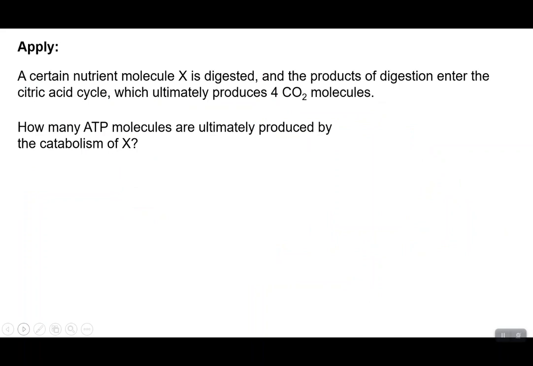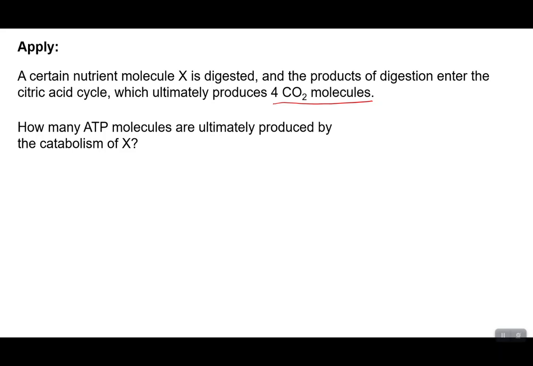Okay. Now let's answer some questions. A certain nutrient molecule X is digested, and the products of digestion enter the citric acid cycle, which ultimately produces 4 carbon dioxide molecules. So immediately we know that in one turn of the citric acid cycle, one turn will produce 2 carbon dioxides.